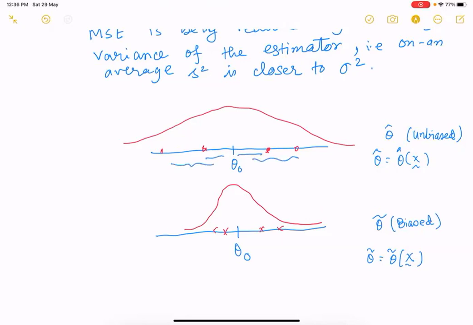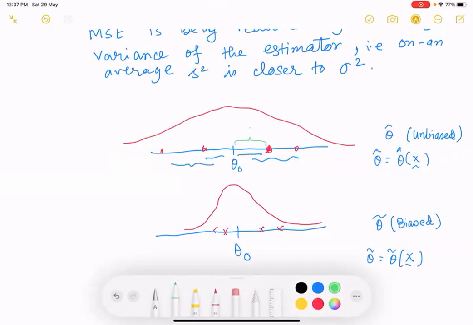If I'm observing this observation, I like it or not, this much of error I have committed. If I'm observing this observation, this is where my estimate is. I like it or not, this is my error.